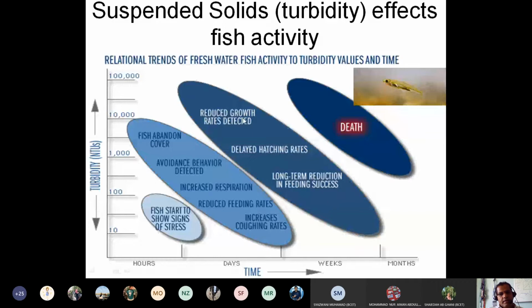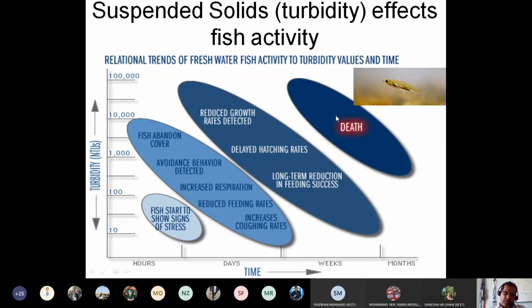And then here, if it goes on for a longer time with too much turbidity, it also delays hatching rates. It means that there is no new generation. And it also reduces the growth of the fish. And finally, if you see here, there will be death. So these fishes also cannot survive in eutrophication or too many suspended solids.